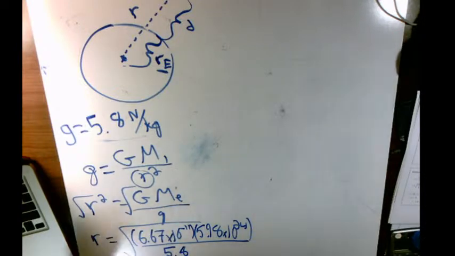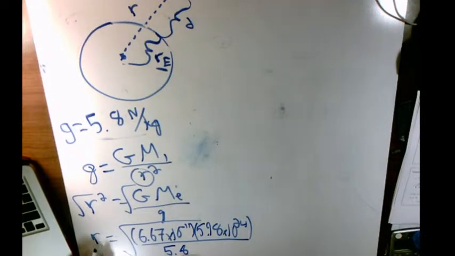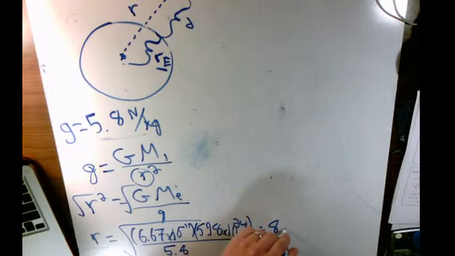We're looking to see at what distance our gravitational field strength becomes 5.8. And it turns out that the center to center distance is 8.293 times 10 to the 6 meters.